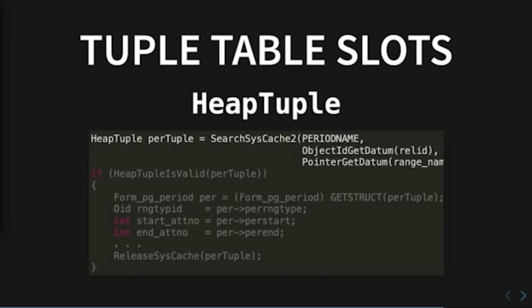It's just the tuple itself. And then this line that I mentioned, getStruct, is really just adding a little pointer offset. And then we cast it to the form of our table, which is amazing to me. And this works because we have a compile time definition of our catalog tables, right? But for user tables, we have to call slot getAttr.